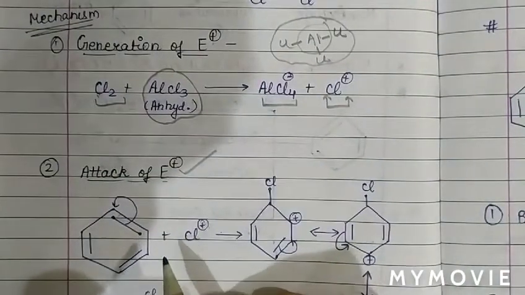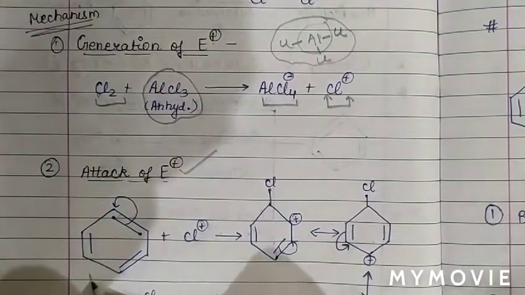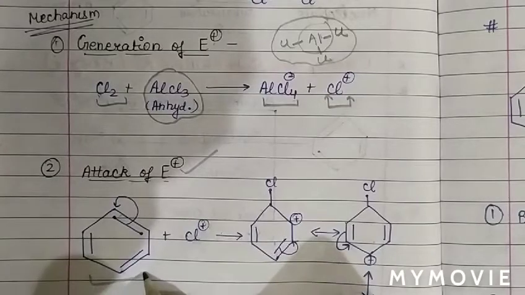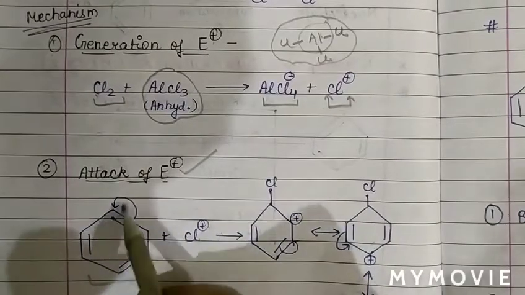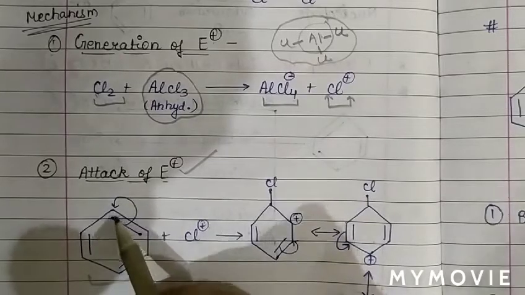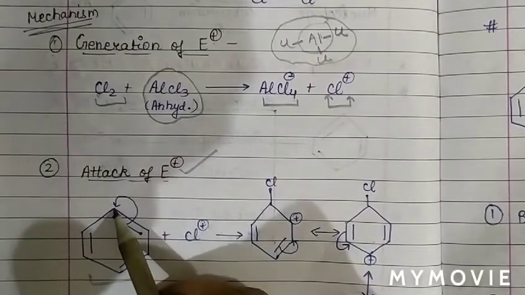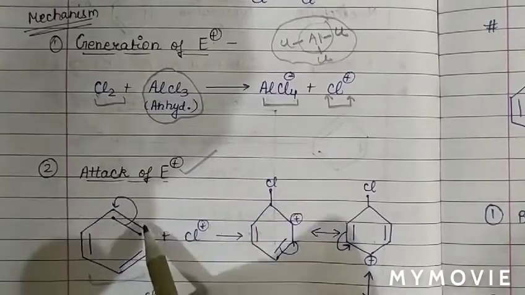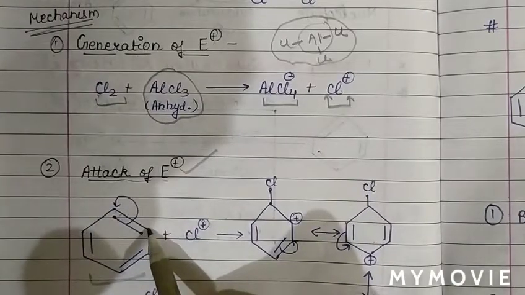In the next step there is attack of electrophile on the benzene ring. We know the pi bond is weaker, so this pi bond will break. When it breaks, on this carbon atom there is negative charge, while on this carbon atom there is positive charge.